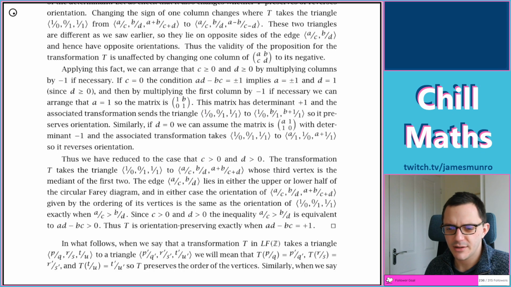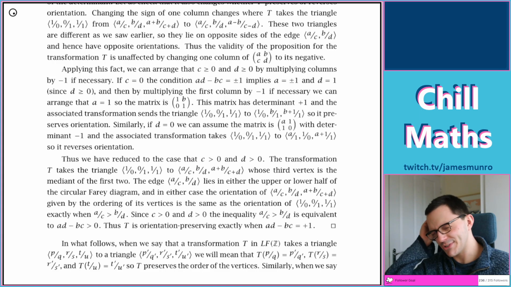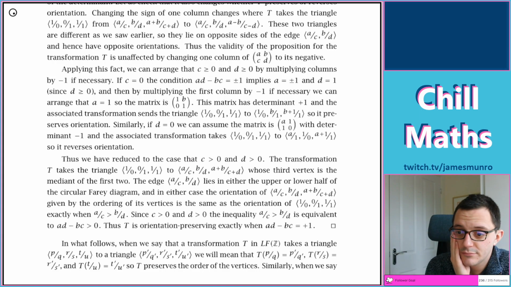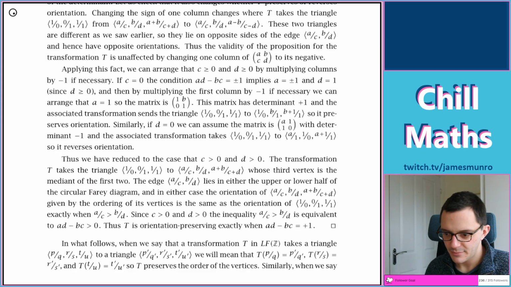Okay. Then am I going to do the other quarters of the plane or whatever? Okay. I don't love this proof because it's very triangle based, but okay. Look at what's going on for the biggest triangle and then everything follows from there. Okay.